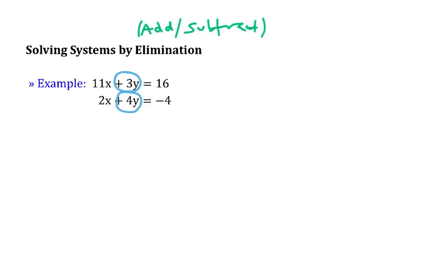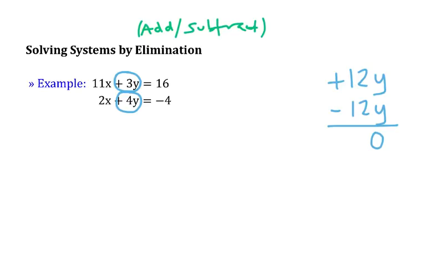In a sense, it's like asking for the least common multiple. So I know that 3 and 4 can both multiply up to 12. So now I'm starting to think about if I had a positive 12y in my first equation and a negative 12y in my second equation, I know those would cancel out, and that would be eliminating the variable y.